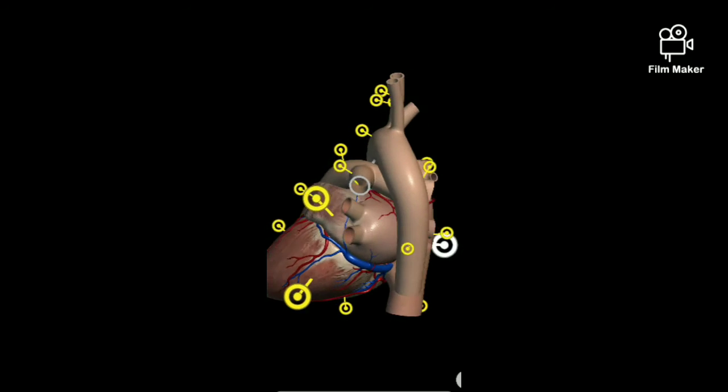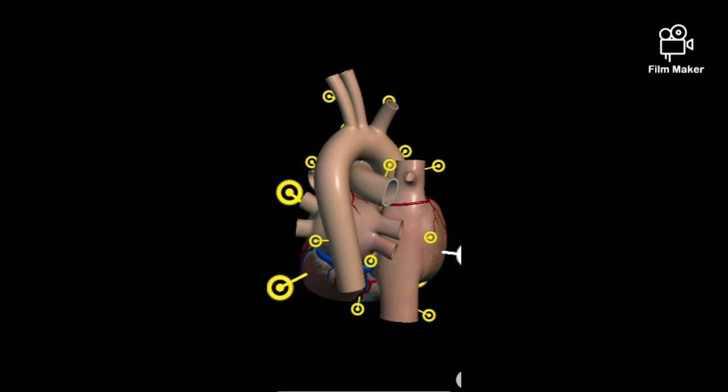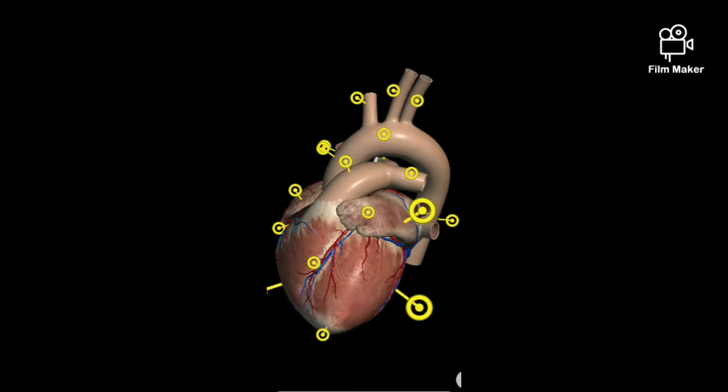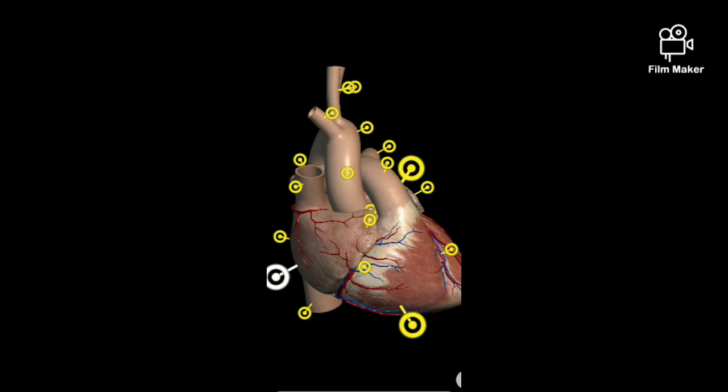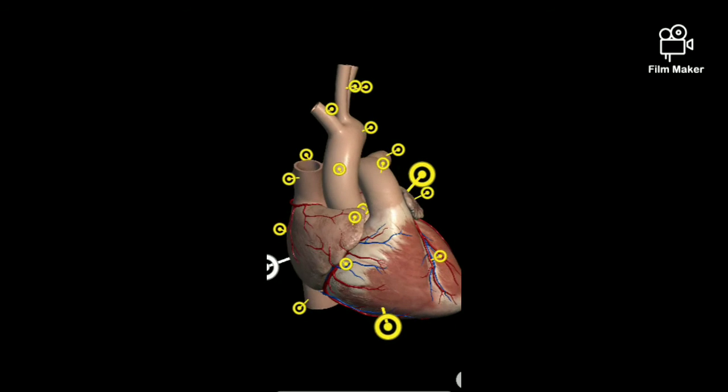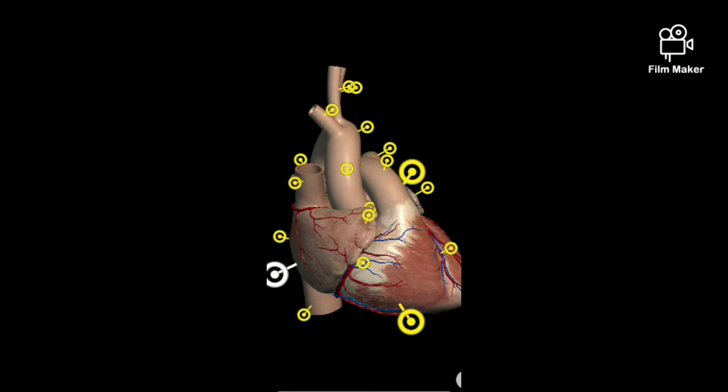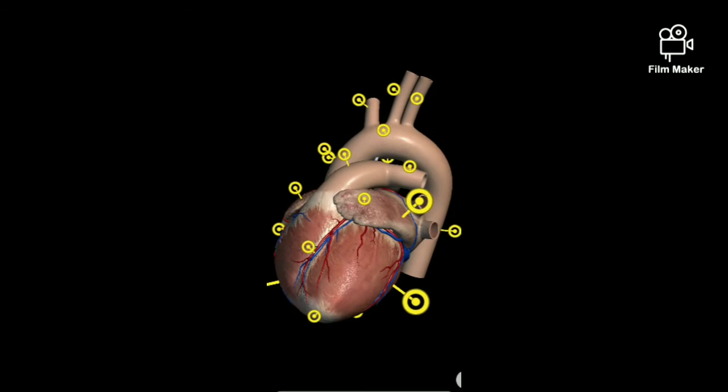The interatrial septum is the muscular wall that separates the right and left atrium. On the right atrial side of the septal wall there is a small oval-shaped depression called the fossa ovalis. We cannot show it here, it is on the inner side.